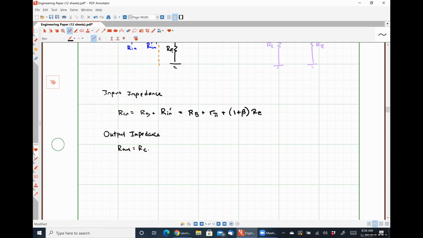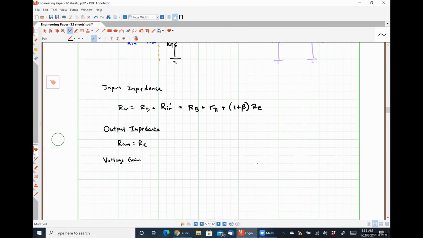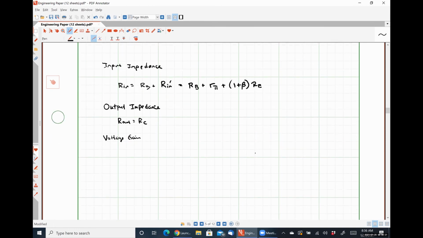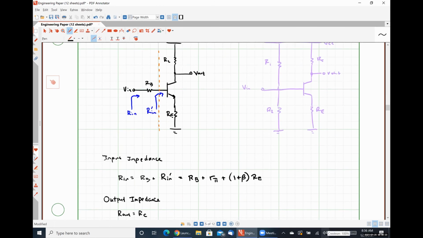For our voltage gain, I'm going to define a voltage here, VB, okay? And I'll explain why I'm doing this, but effectively I'm looking at this amplifier in 2 stages.